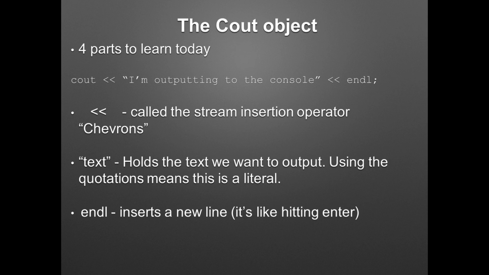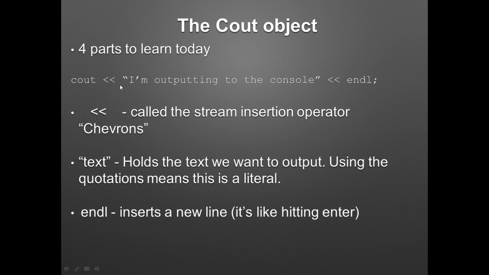So if we want to type out hello world to the console, which is everyone's first program, and I'm not taking that away from you guys, we're going to write a hello world program in a minute. We have to use this cout object. The cout here just stands for console output. That's all it stands for.